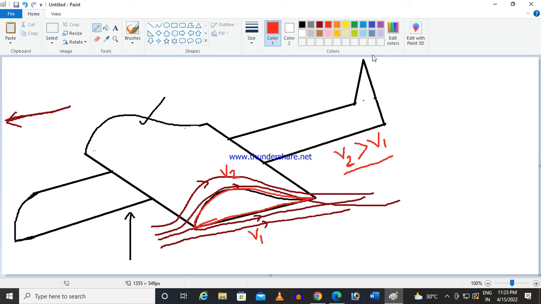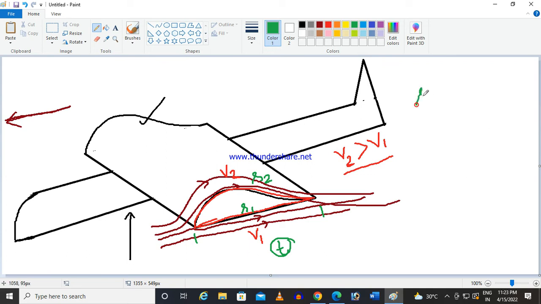We can understand it in this way. The time taken to move the air particle from this point to this point is the same, as it is a streamlined flow. So this distance is s1, and this top curvature is s2.